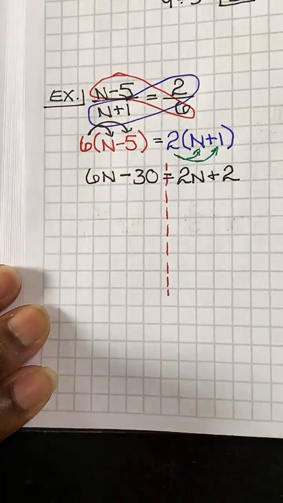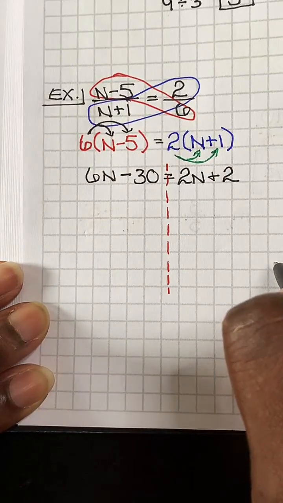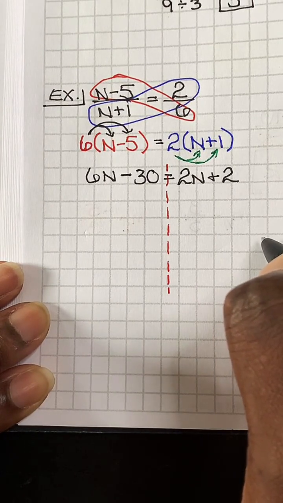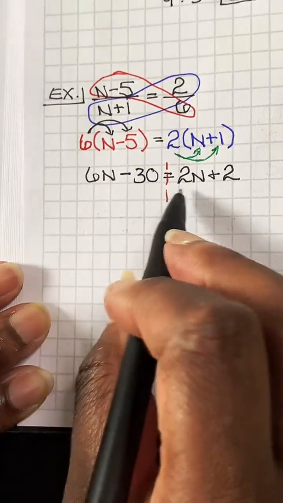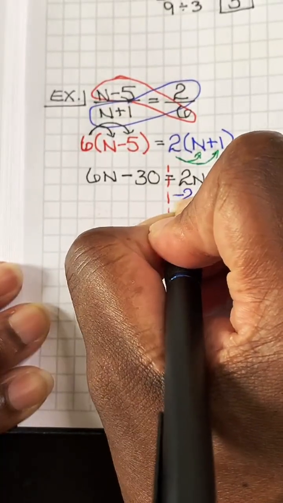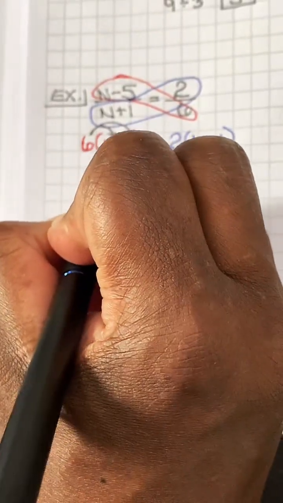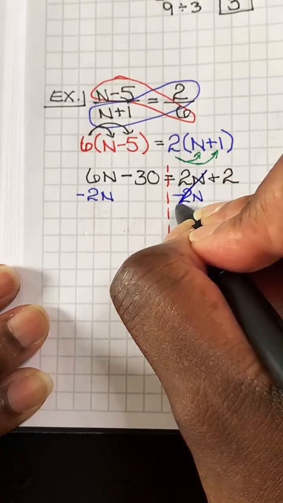But anyway, we're going to have to decide where you want to put your n's. It doesn't matter, because at the end you're going to get the same answer. So if you say, look, I don't want to deal with the negative n, then subtract the 2n. That means you made a decision.